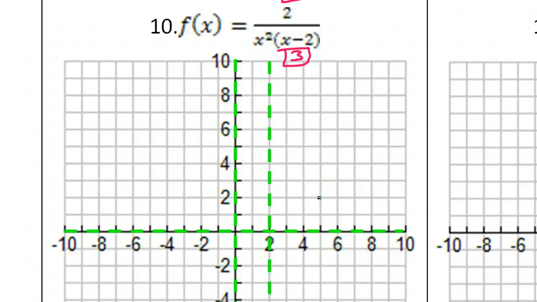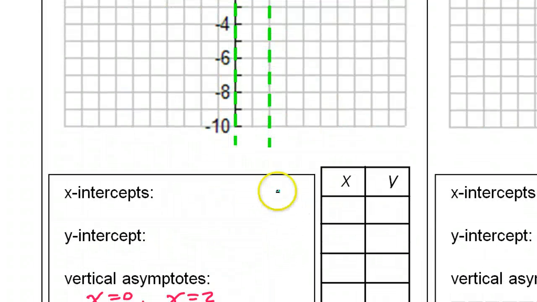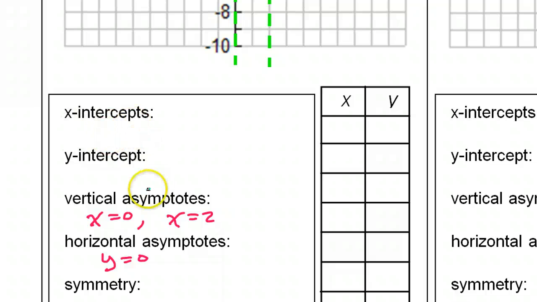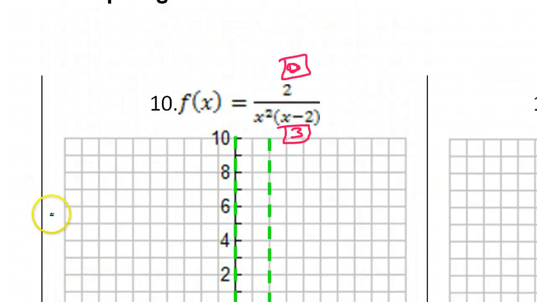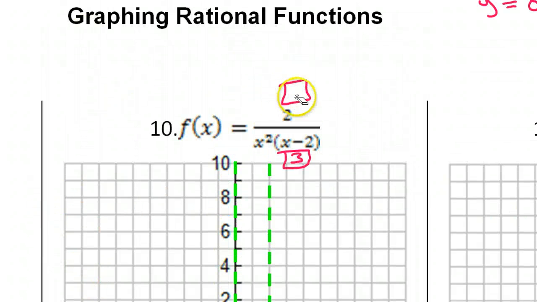Now we have the asymptotes. Now let's find the x-intercepts and the y-intercepts. If I want to find the x-intercepts, I set the numerator equal to 0 and solve. Wait a minute, this numerator can't be 0.